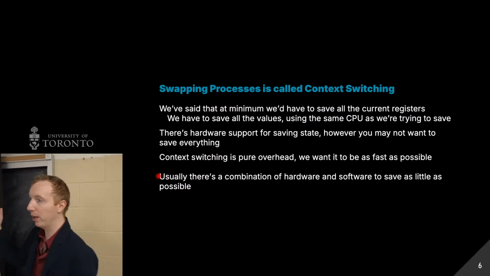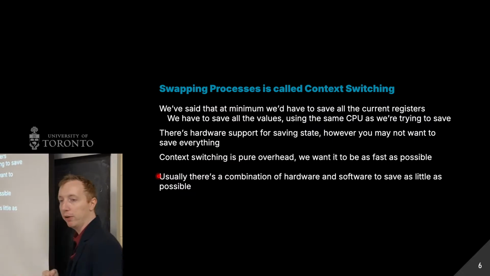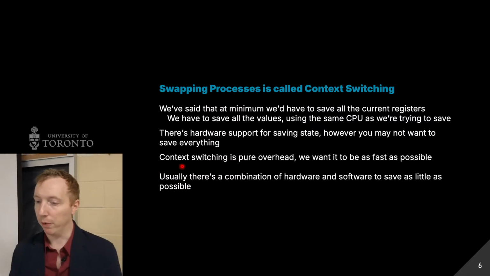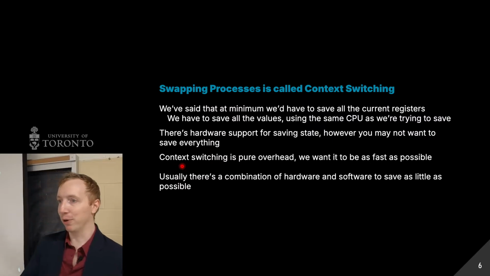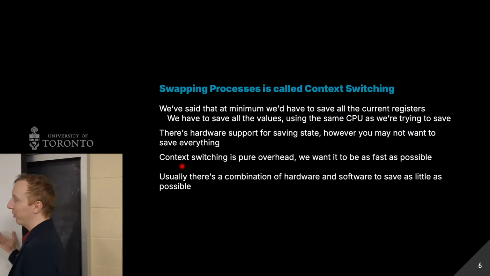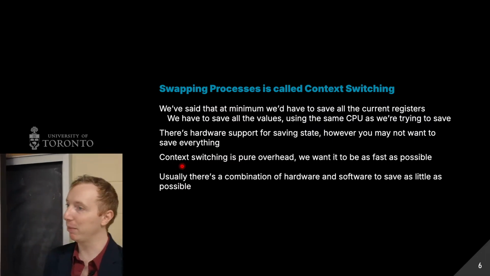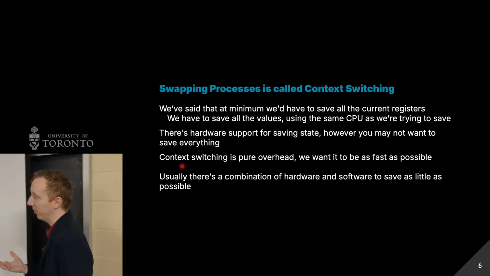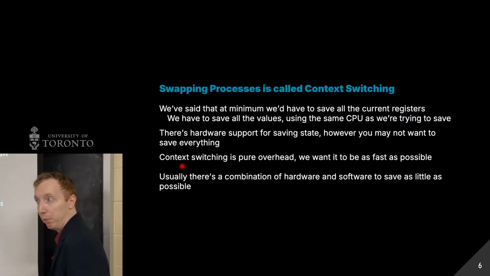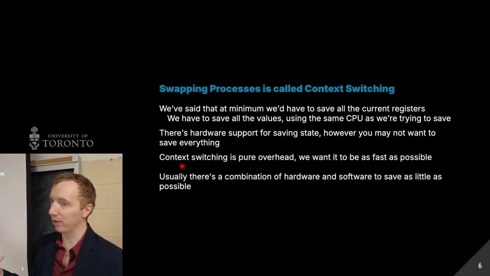So overhead is just time wasted not running your program, not doing anything useful. So if context switching or just swapping out a process took 50% of my overall time, then your operating system is going to run pretty much twice as slow as any other operating system on the planet to run your program, and you will probably never ever use it. So we want it to be as fast as possible.